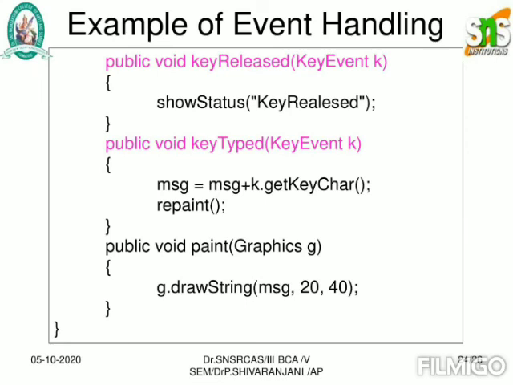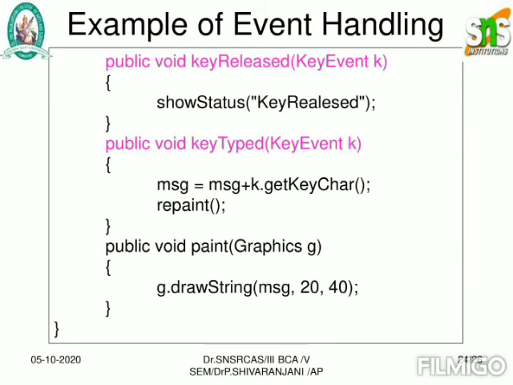Similarly, when a key is typed, the content you are typing should be displayed. For that I have used a variable called message: message equals message plus k.getKeyChar. So I'm getting the keyboard character, storing it in the variable message, and displaying the key content on the window.